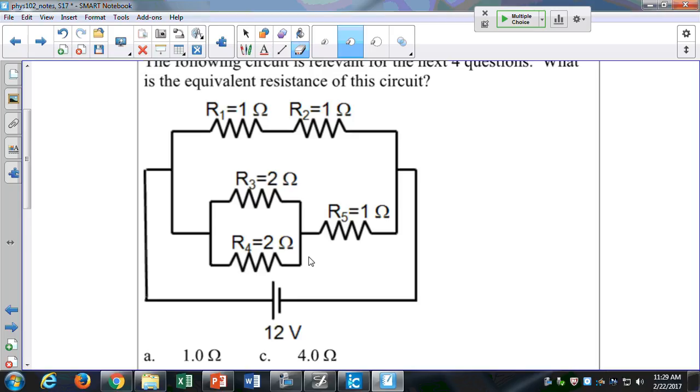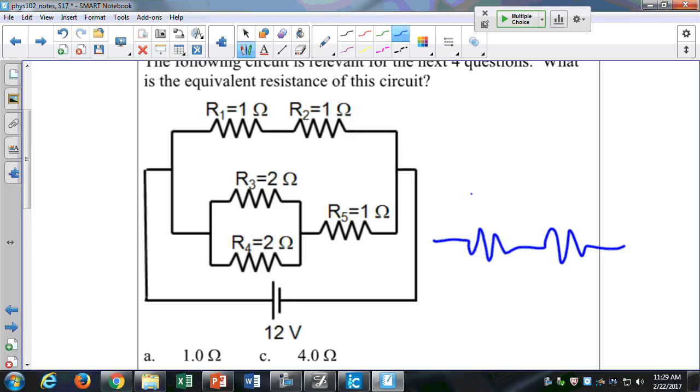Now, 12 volts between here and here. This has an equivalent to 1, which is identical to this. So I have 2 identical resistors, a 1 ohm and a 1 ohm, over 12 volts.